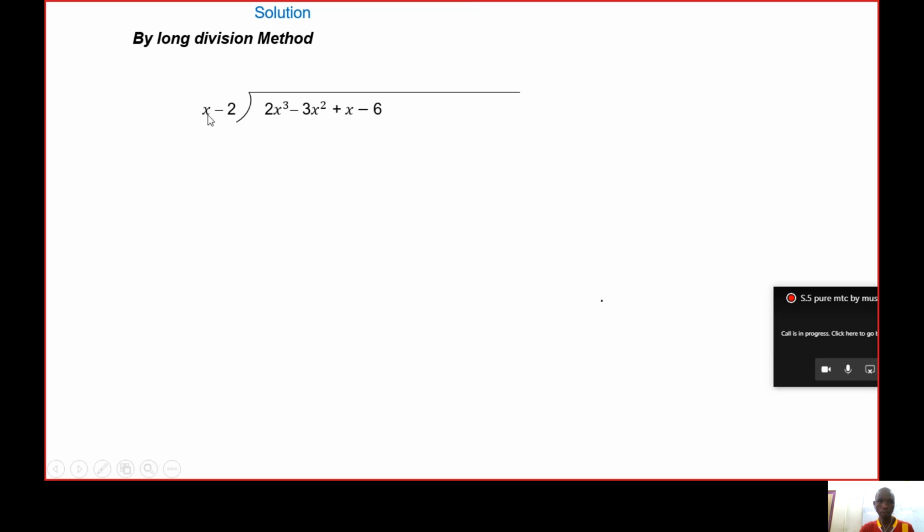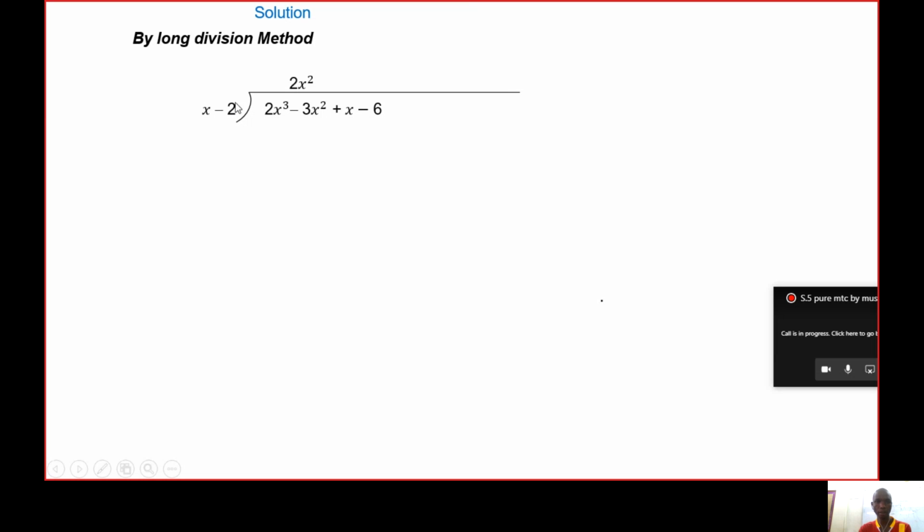What should I use to multiply x in order to get 2x cubed? My mind will tell me I am supposed to use 2x squared. So let us use 2x squared to multiply this, and we see whether we get 2x cubed.